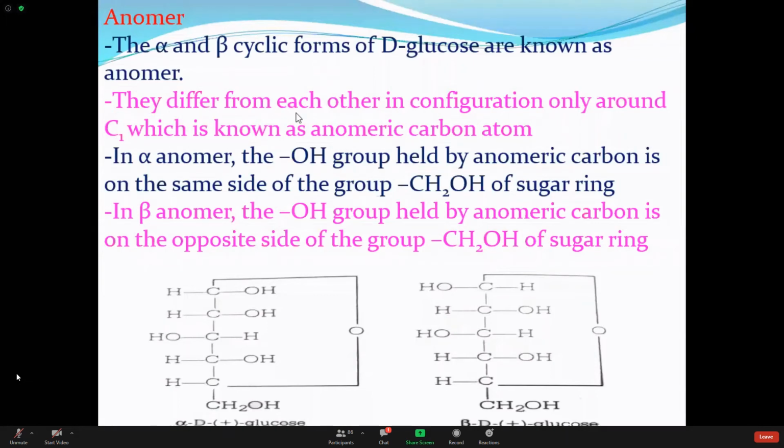They differ from each other in configuration only around carbon number 1, which is called the anomeric carbon atom. Just follow my pointer. This carbon number 1 is called the anomeric carbon atom.